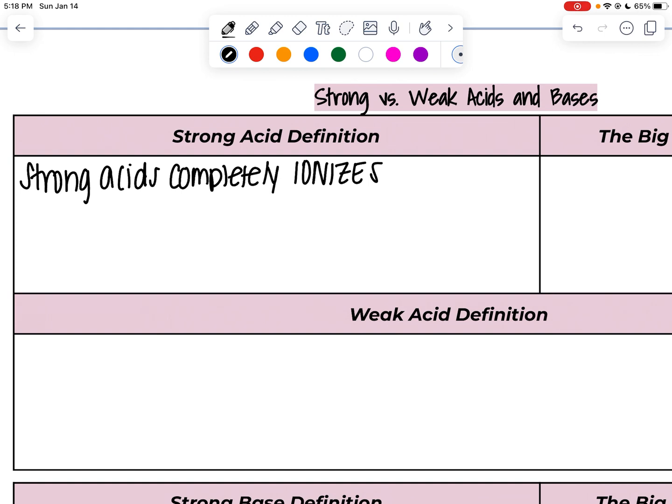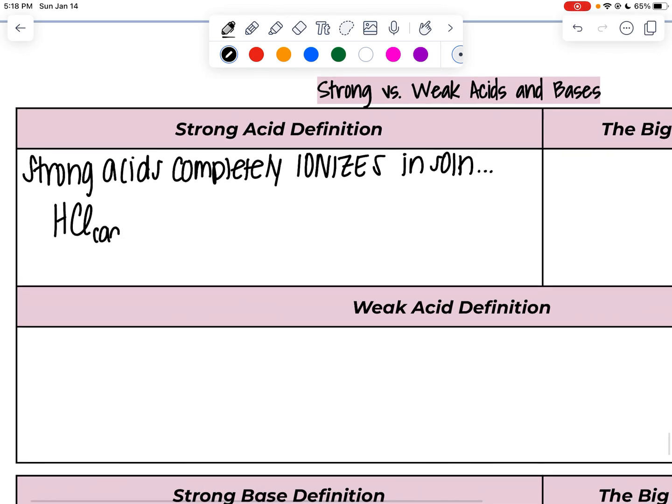You should remember this word, ionize. What does it actually mean to ionize? You take something neutral, it gains or loses electrons, and therefore it's going to have a charge on it, right? So a strong acid completely ionizes in solution. What would this look like in the form of an equation? One of your strong acids is hydrochloric acid, HCl.